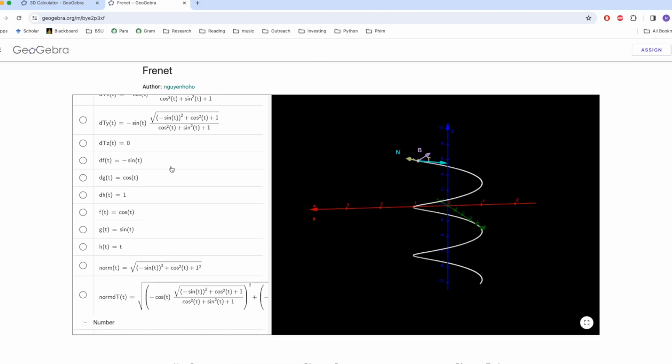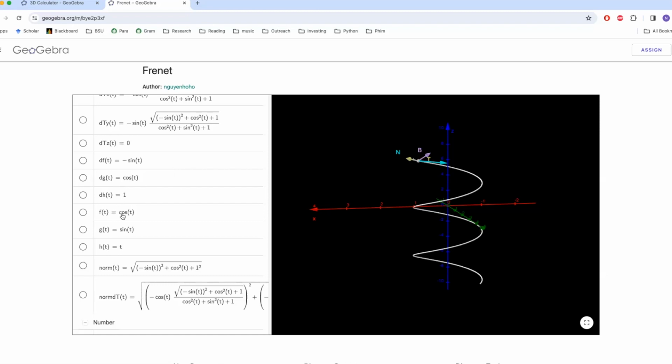All right, so the setup here is that you need the first component, the second component, the third component. In this case, the third component is going to be equal to 0, okay? And you just need the first and the second component, and the first component is cosine of t, the second component is sine of t, so therefore it is the vector valued function or the parametric form of the circle.